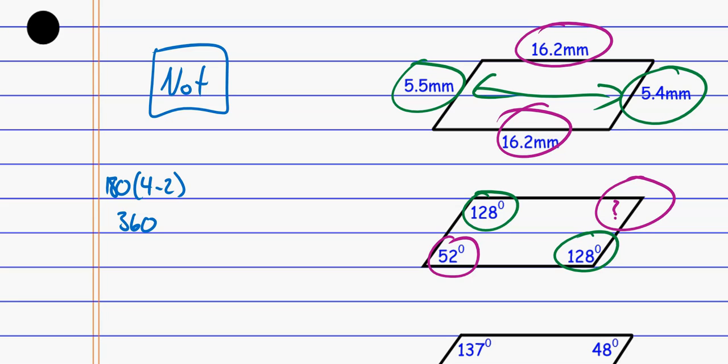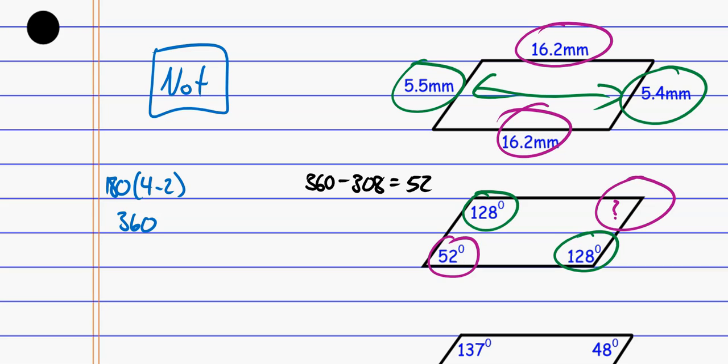And with the angles that I already have, I have a total of 308 degrees. Okay, so when I look at the three angles that are given, I have 308 degrees. Well, I subtract that from the 360, and that gives me a 52. So now I know my missing angle.